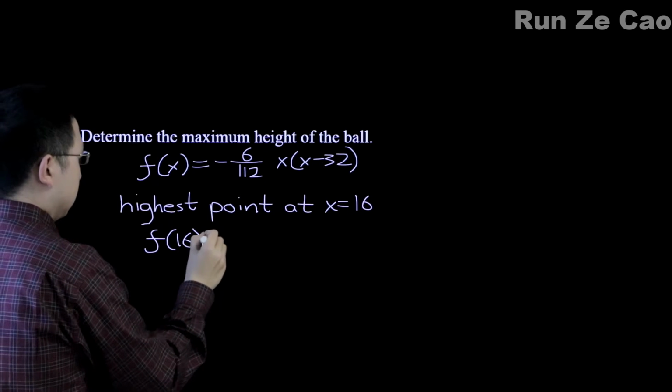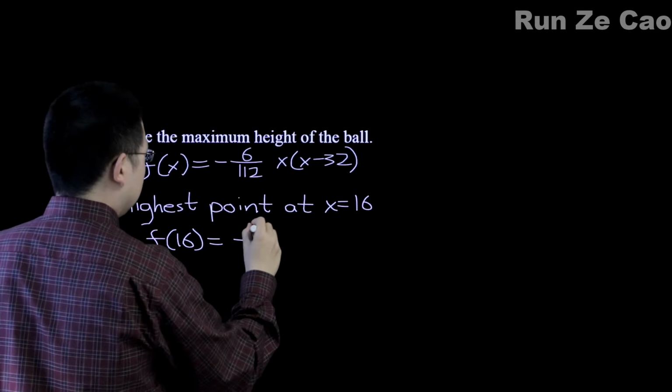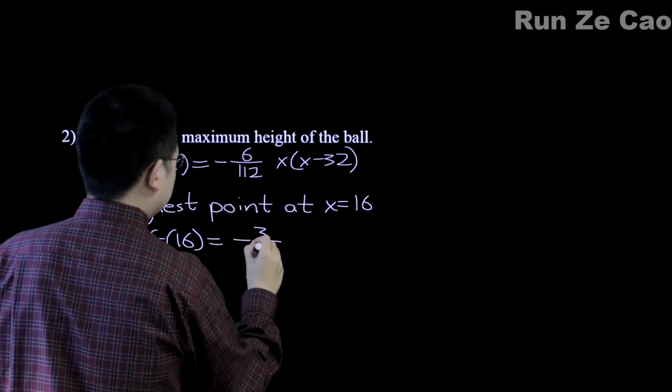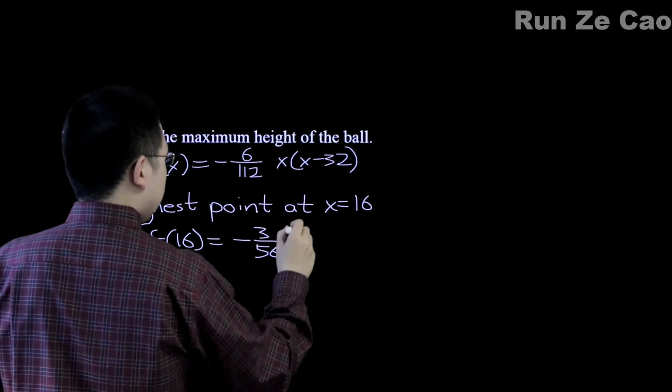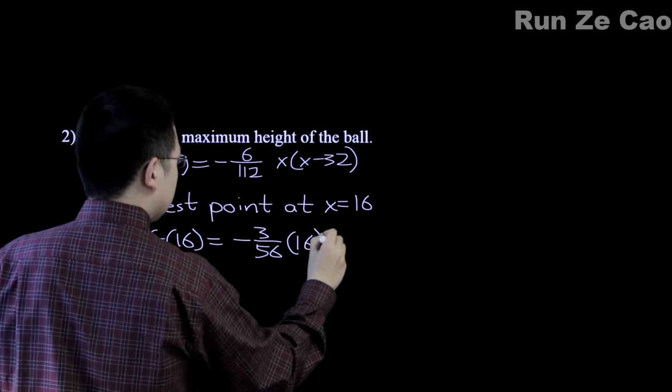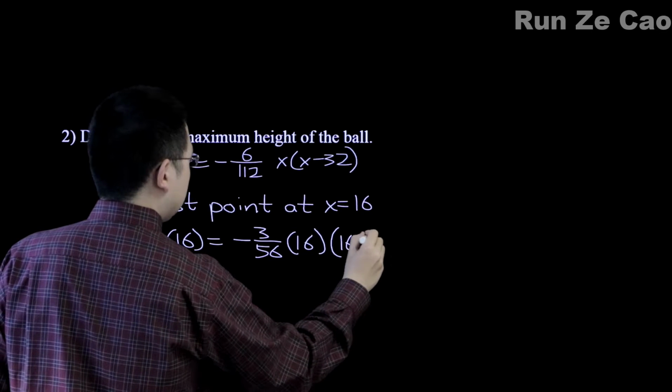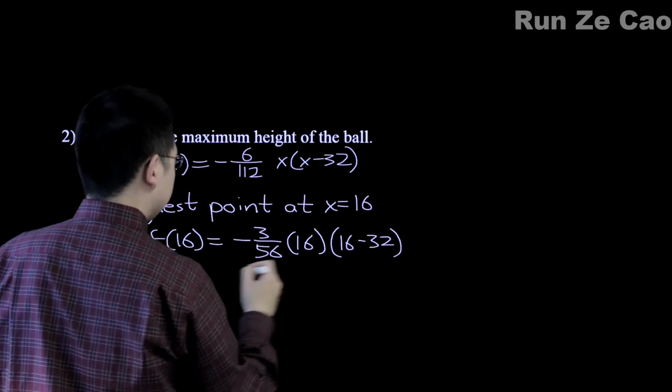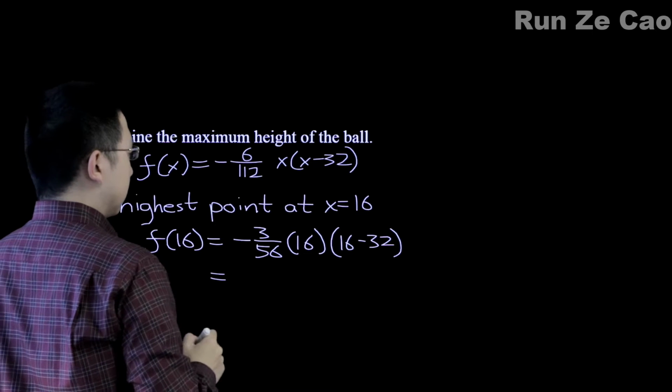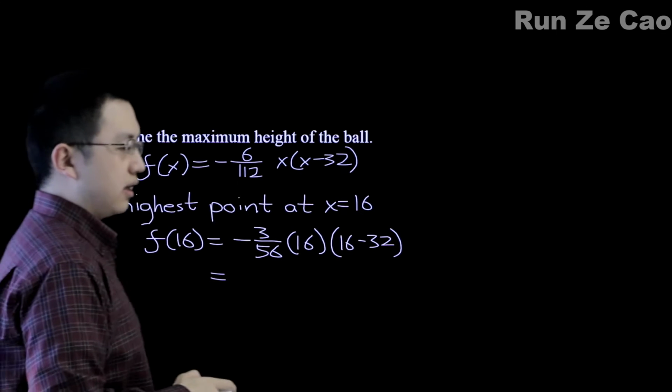So f of 16 is equal to negative 3 over 56 times 16 and 16 minus 32. The biggest rectangle that you can get is a square.